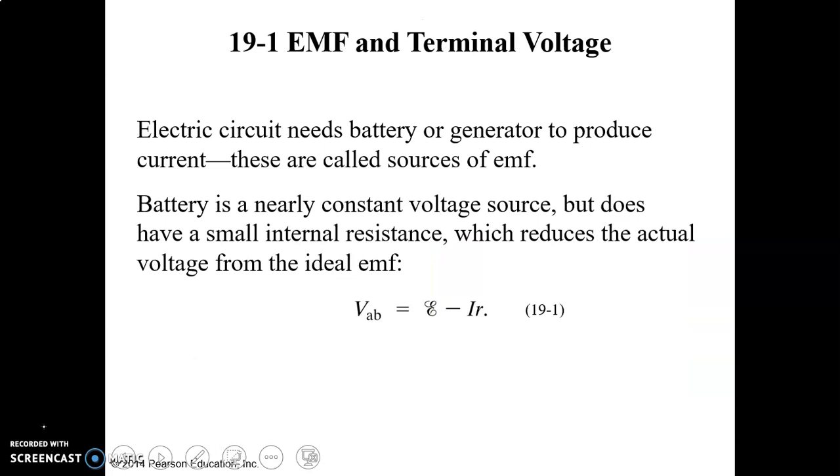So every electric circuit needs some voltage or some electric potential that can drive the current. So we usually use a battery or a generator to produce that current. These sources are what we call electromotive forces, or EMF.